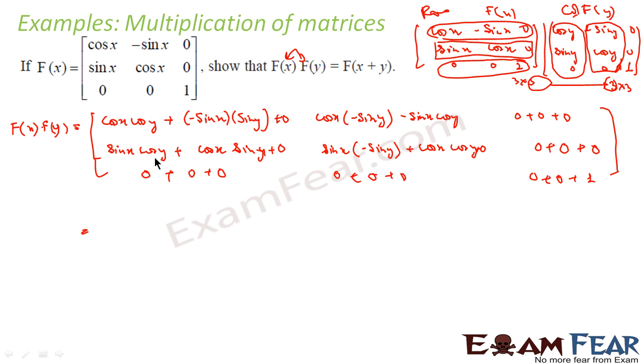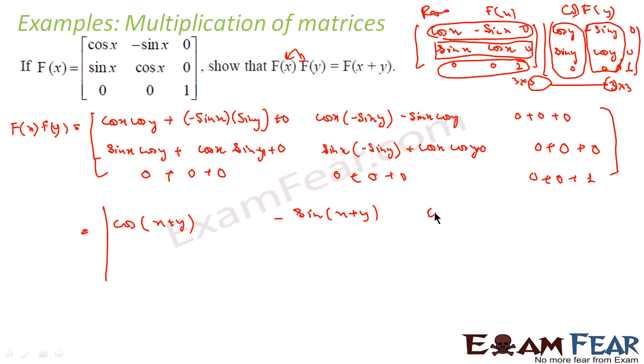Cos x cos y minus sin x sin y is what? Cos of x plus y. We know that cos x cos y minus sin x sin y is cos of x plus y. Here, minus cos x sin y minus cos y sin x, this is nothing but minus of sin of x plus y, because sin of x plus y is nothing but sin x cos y plus cos x sin y, and this is minus minus, so both are minus, so if you take minus common, this becomes sin of x plus y.